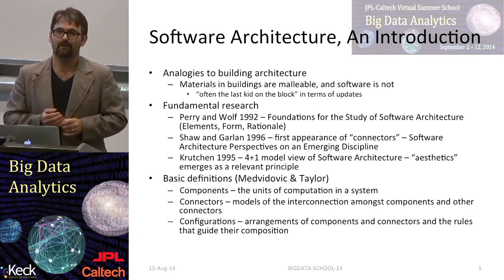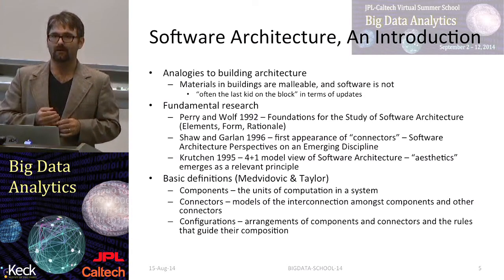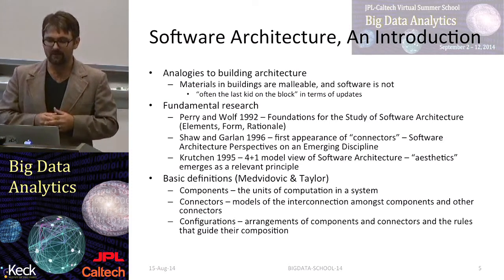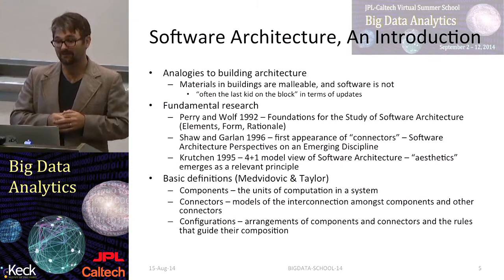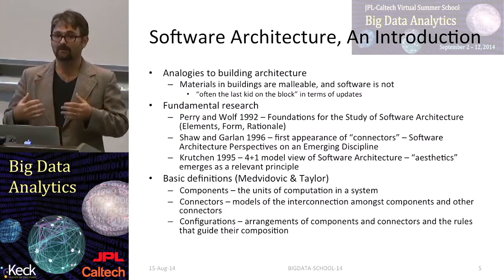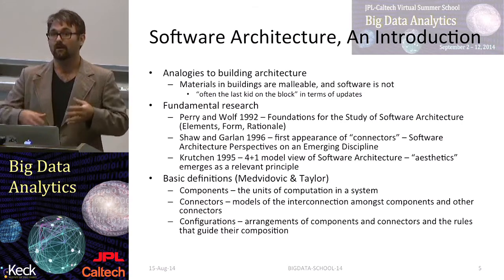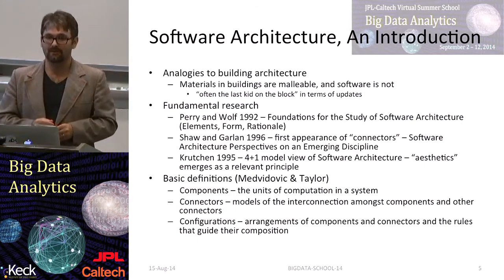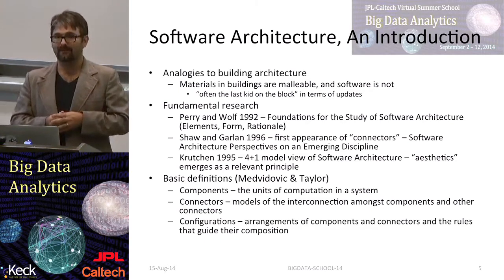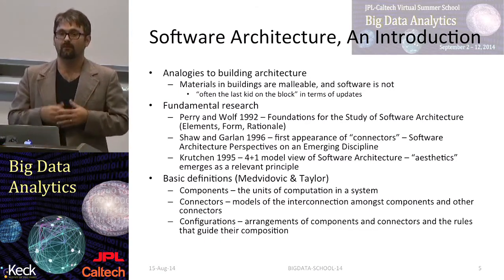Basically, what Perry and Wolf will tell you is that software architecture boils down to thinking about the design of software as elements, form, and rationale. The elements of your software system are the components, the units of computation; the form is the way that you put those components together; and the rationale is the reason for doing so.